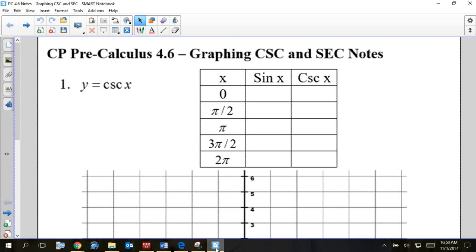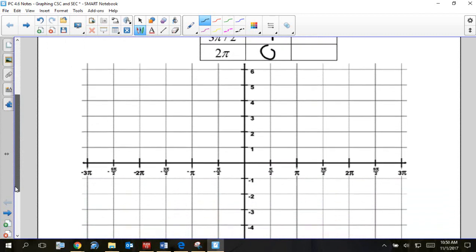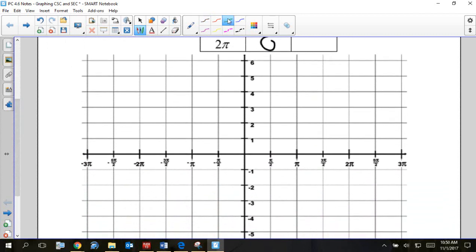So I have a column here for sine. See, the sine values start at 0, 1, 0, negative 1, 0. I'm going to go down here and I'm going to plot sine, but I'm going to do it lightly and dash it because it's not really the graph we're doing right now. The sine starts at 0, then 1.